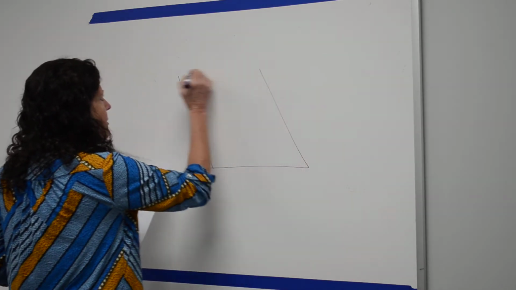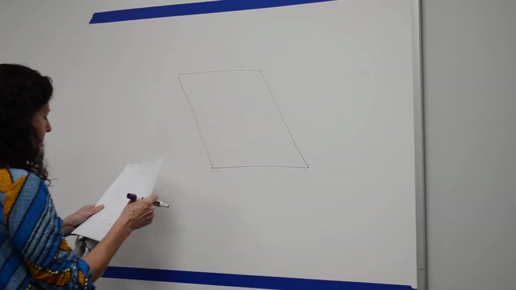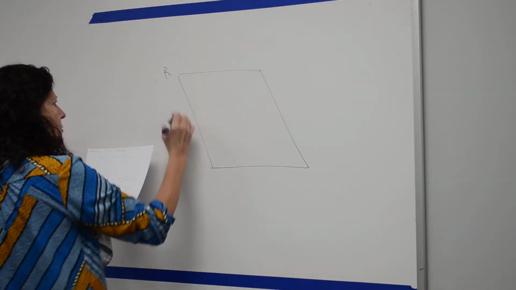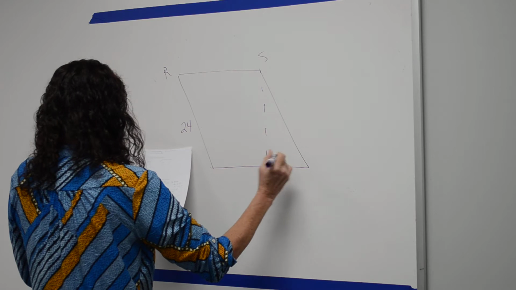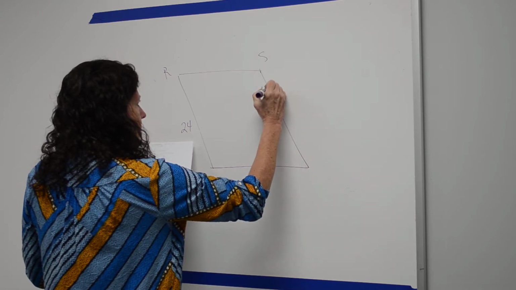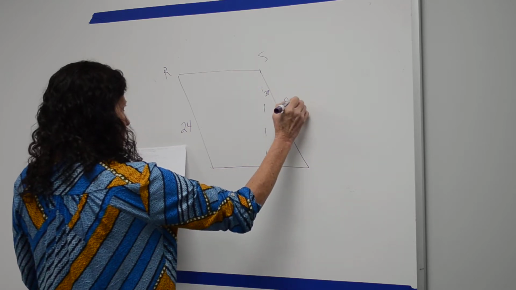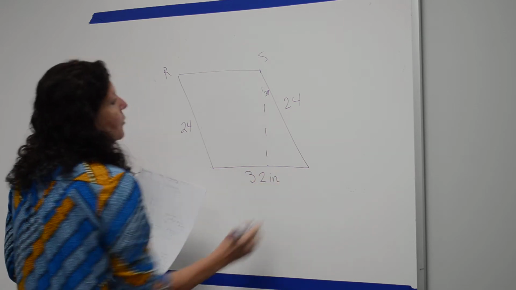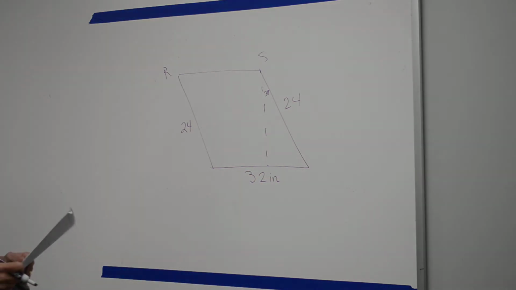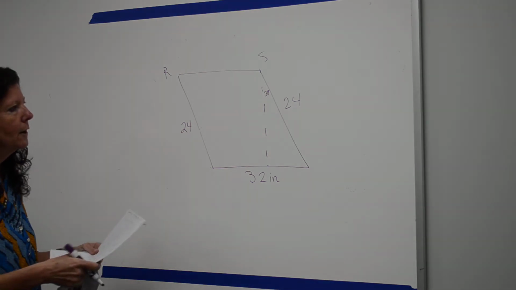My suggestion is you stop the video and then come back and make sure you got the right answer. Remember, area is always inches squared or meters squared, it's units squared.